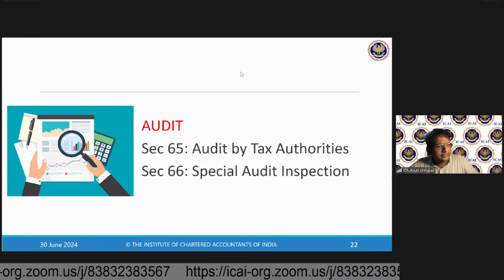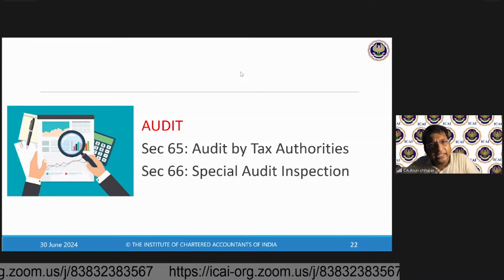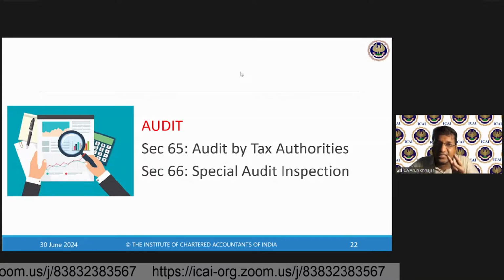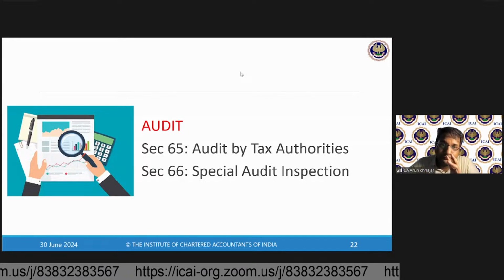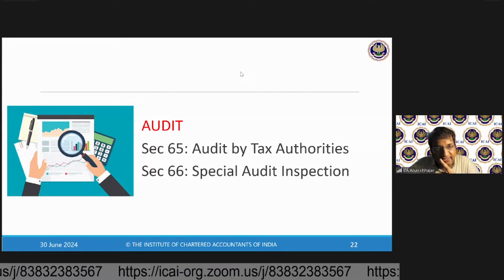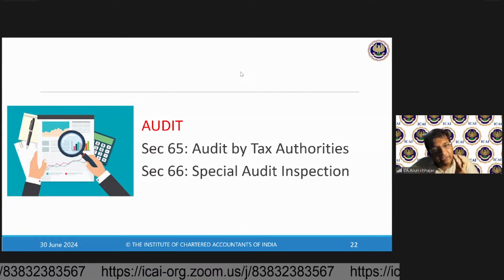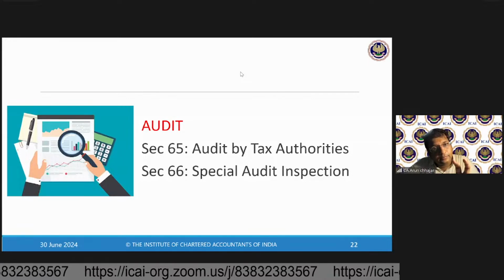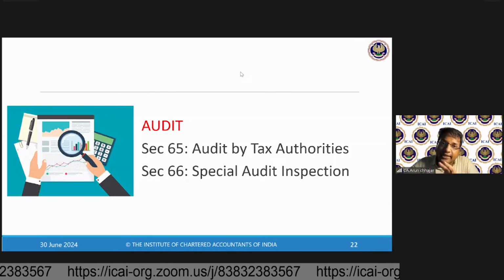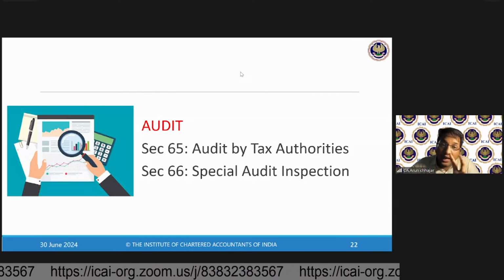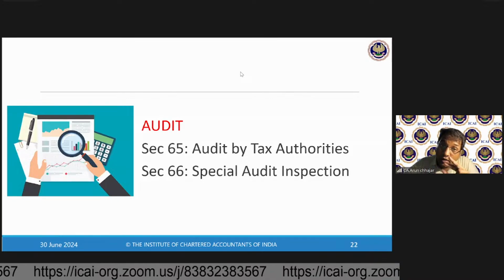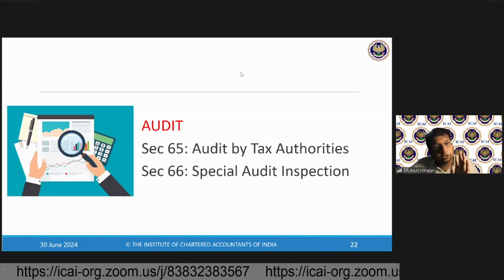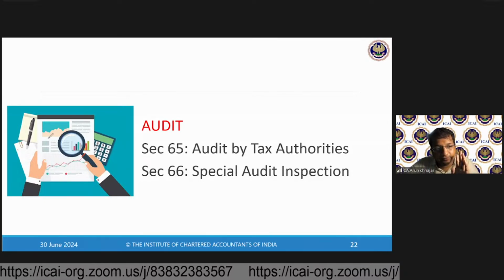You have seen also, right? Like they are issuing the ADT1, ADT2. These are all part of 65. The next audit is 66, special audit, in which the department will impanel a chartered accountant or a cost accountant, and then the audit will be done by the chartered accountant or the cost accountant in practice.